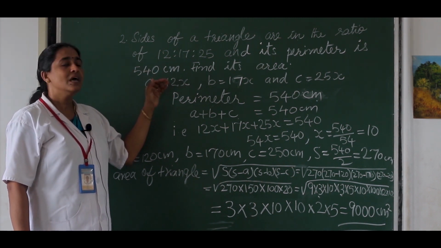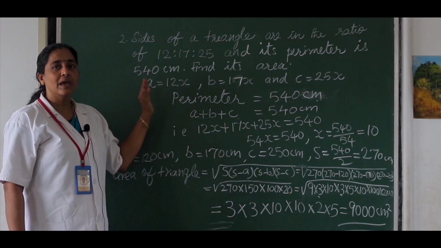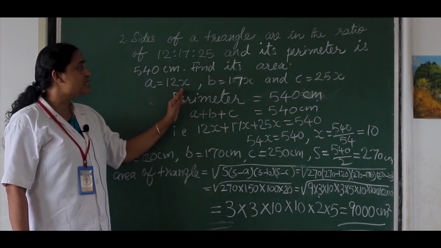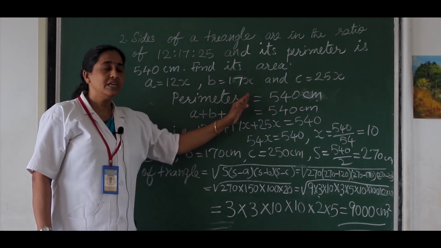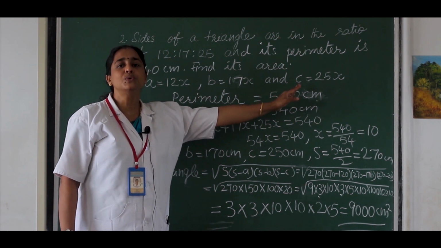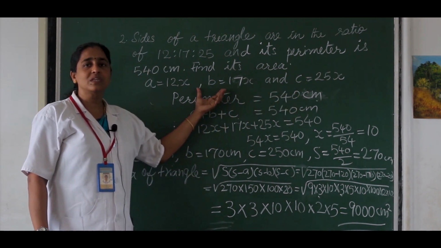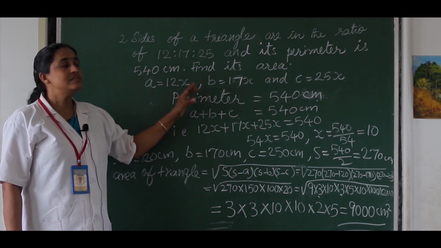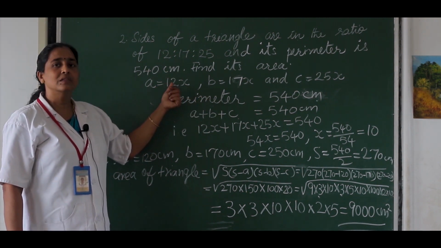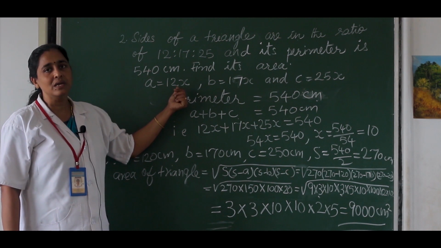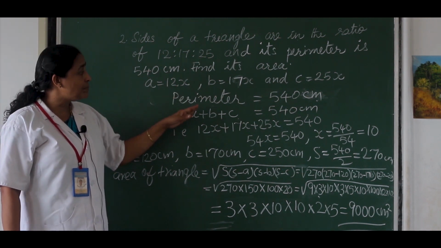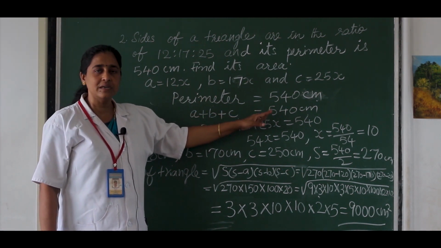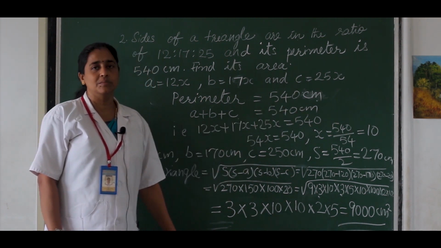In such cases, we write A equal to 12x, B equal to 17x and C equal to 25x. It is not the correct measurement. We have to find the value of x and substitute it here, then we will get the sides of the triangle.